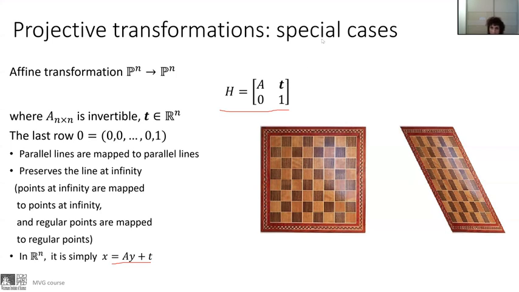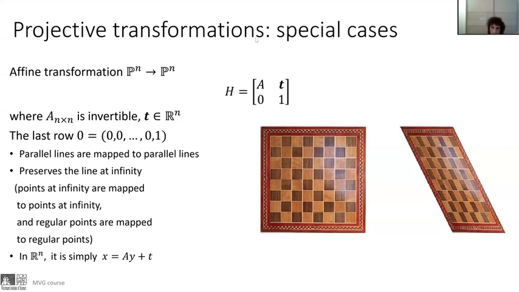Another thing that can be said about the affine transformation is that it preserves parallel lines, like you see here. You move from here to here, parallel lines are preserved. But as you see, the angles, for example, are not preserved. Also, the line at infinity stays at infinity: if you have some coordinate at infinity, it stays at infinity, and if you have some coordinate which is finite, it stays finite.